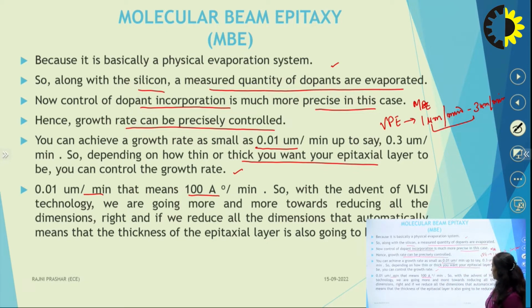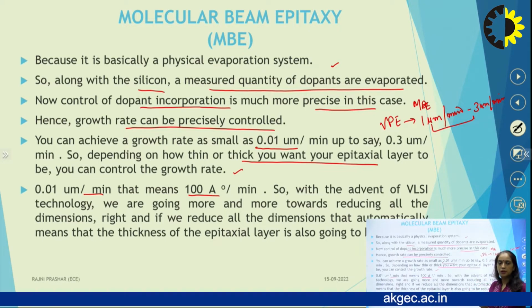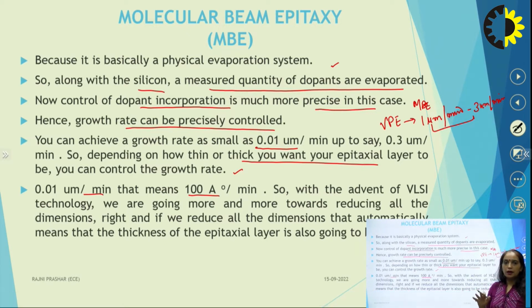With the advances of VLSI technology, because we are going to reduce the size of all the dimensions so that we can accommodate more transistors on a chip, the dimension of the epitaxial layer is also to be reduced. To get a thin epitaxial layer, molecular beam epitaxy is the most preferred choice.